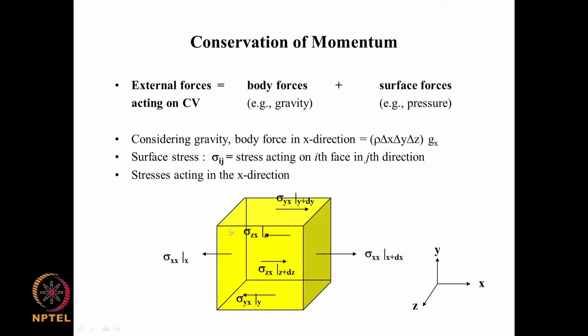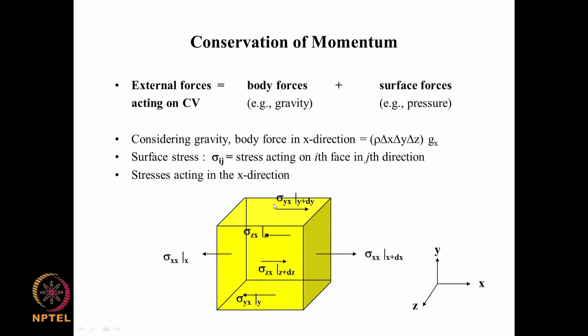This particular cube, this box, has 6 faces: positive right face, left face, bottom face, top face, back face and front face. The stress acting in the x direction on each of these faces is marked at the center of that particular face, along with the direction of action and the corresponding name of that stress component.